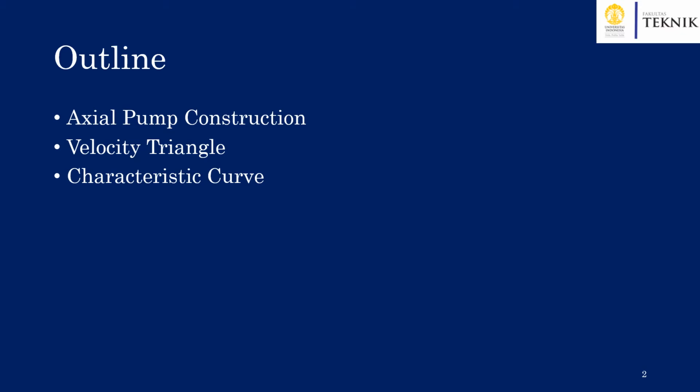To begin this section of the course, we need to be able to differentiate between a centrifugal pump and an axial pump. So basically, when we talk about a centrifugal pump, we deal with a pump that is used to work against a high head.